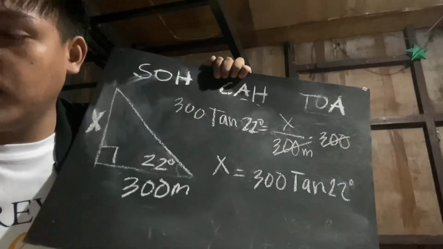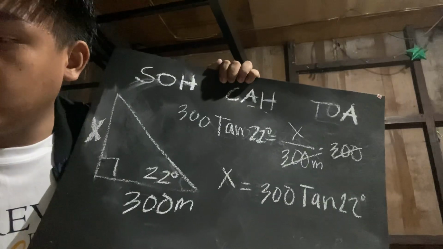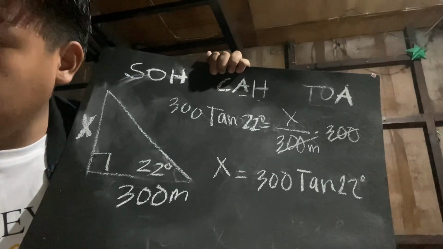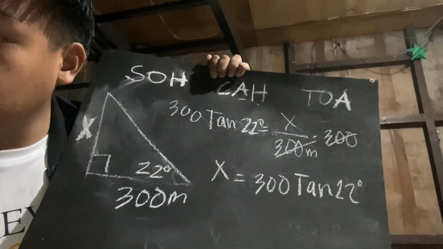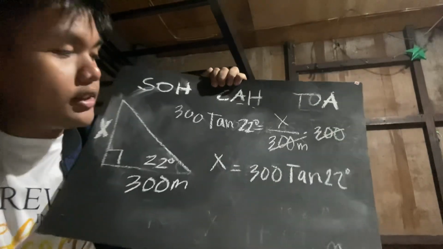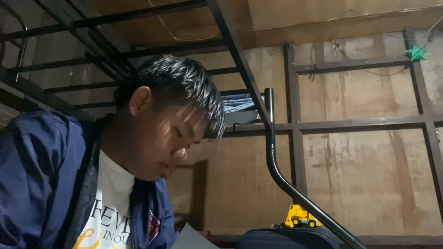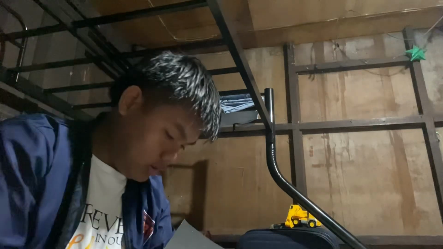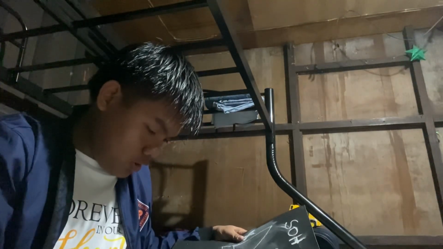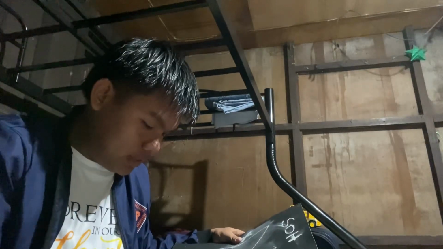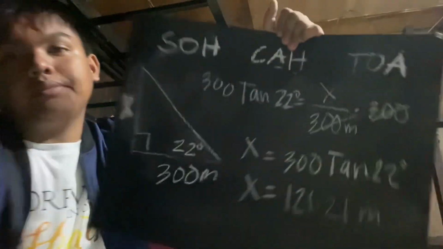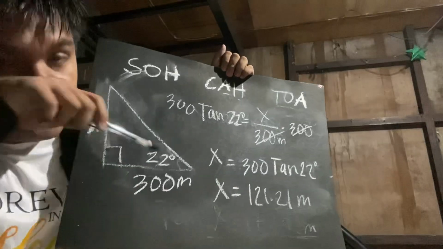So, calculate it using your calculator. 300 tangent 22. The value of x is equal to 121.21 meters.